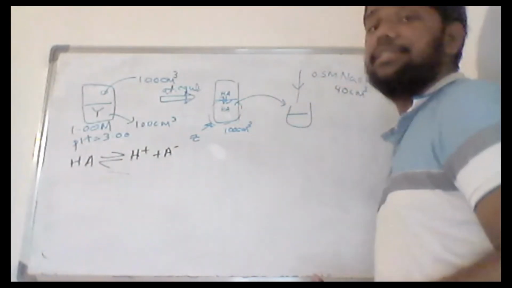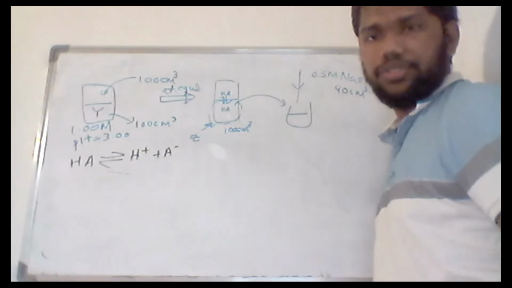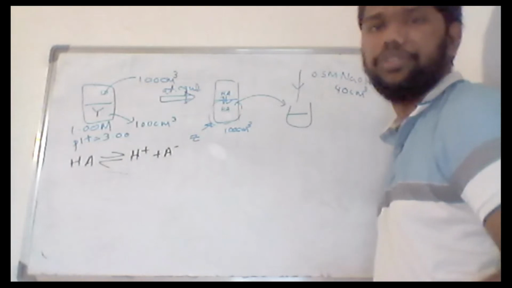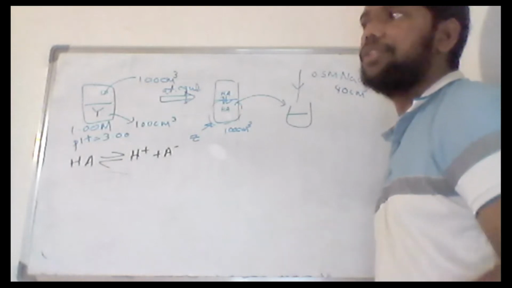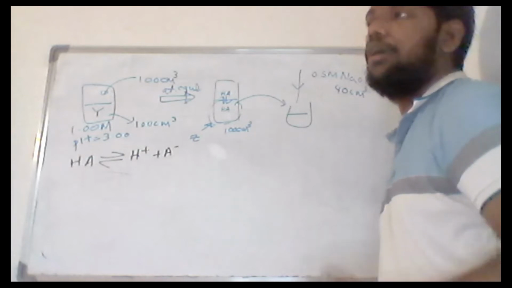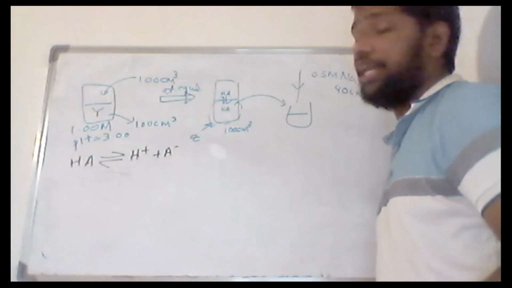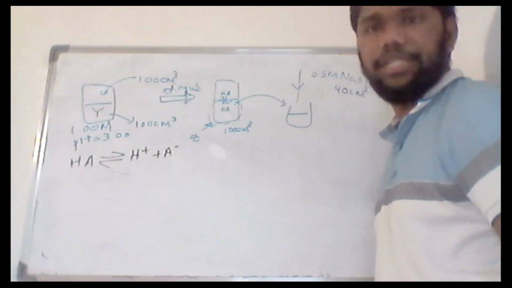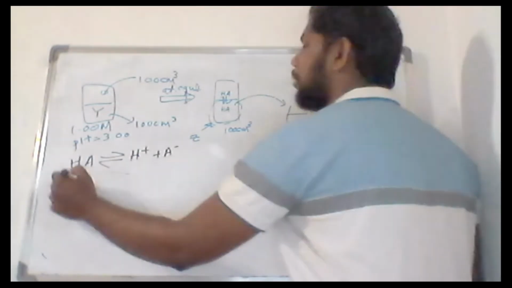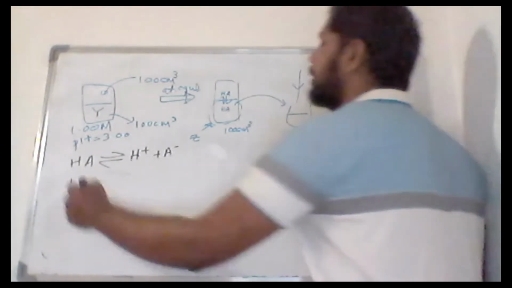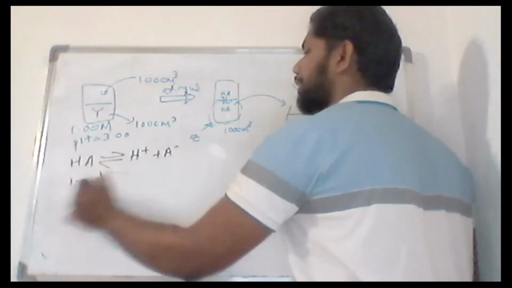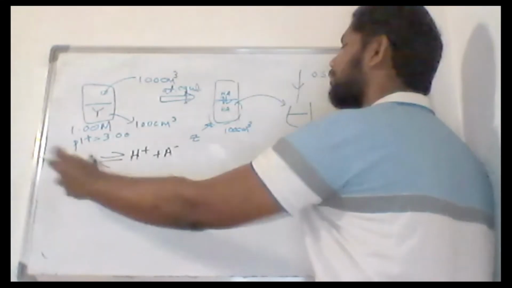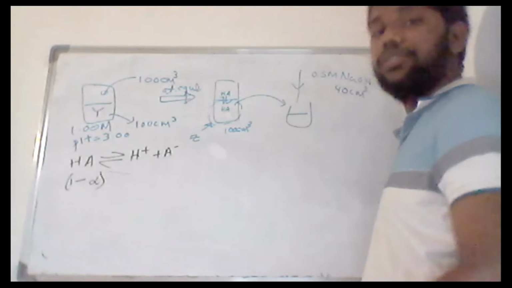Since they are going with the degree of dissociation, it is easy to use this degree of dissociation alpha, because alpha means how much of HA is dissociated when you have 1 mole of HA. So if you have 1 mole of HA, how much is going to dissociate? This is 1 minus alpha, the amount that will remain at equilibrium if the dissociation is alpha.